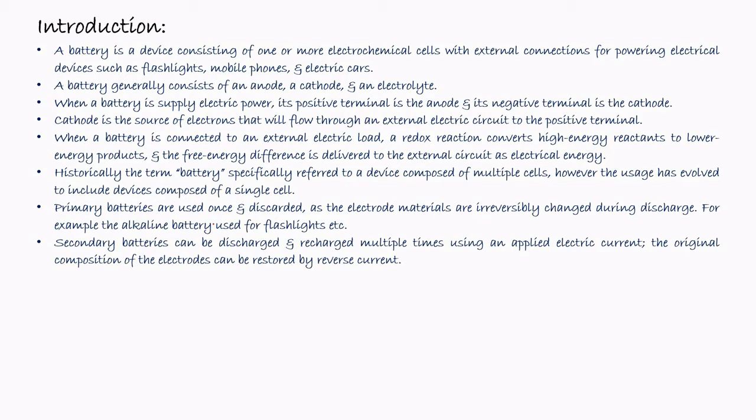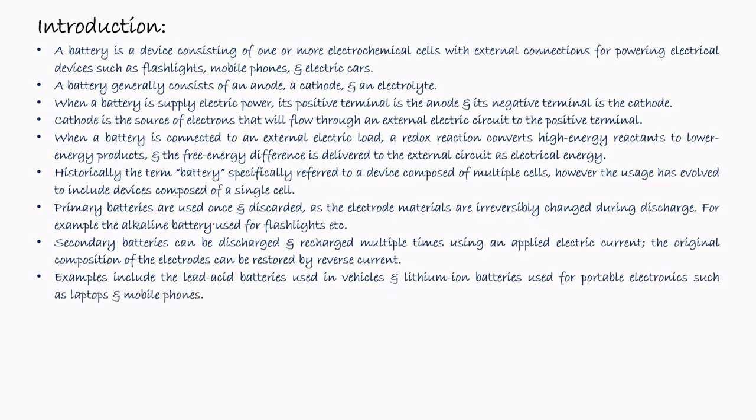The original composition of the electrodes can be restored by reversing the current. Examples include the lead acid battery, which is used in vehicles, and lithium ion batteries, which are used in portable electronic devices like laptops and mobile phones.